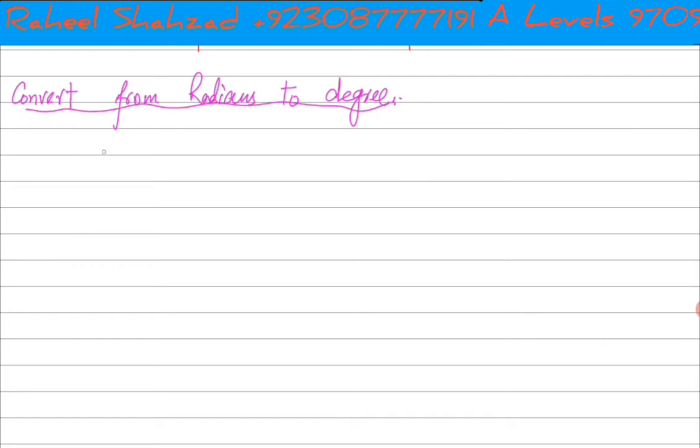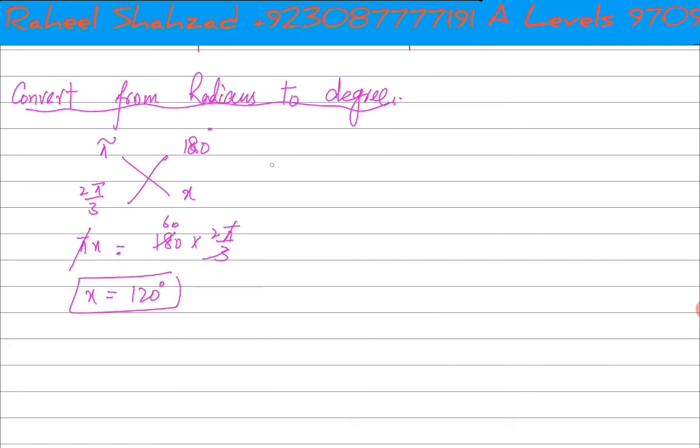We know that pi radian is equal to 180 degrees, right? So suppose I need to convert 2 pi by 3 radians into degrees. You cross multiply it. It's pi x is equal to 180 into 2 pi by 3. You can cancel this pi, and this is equal to 120 degrees.